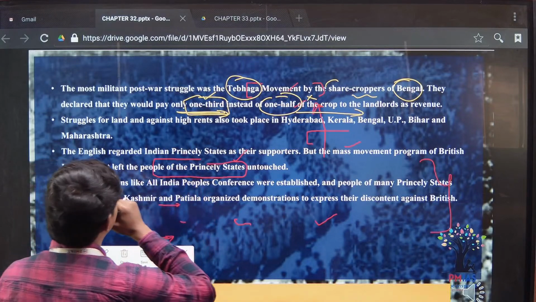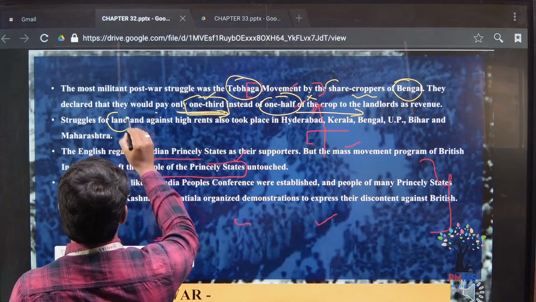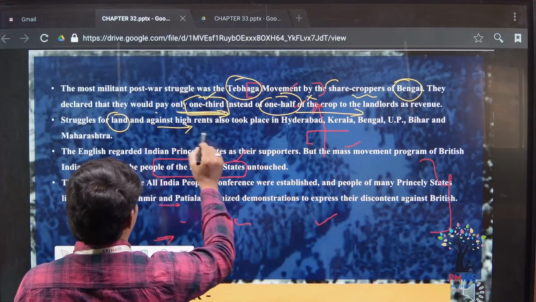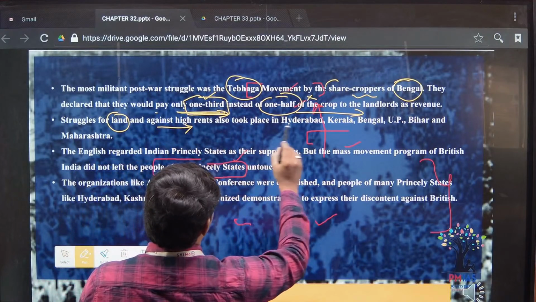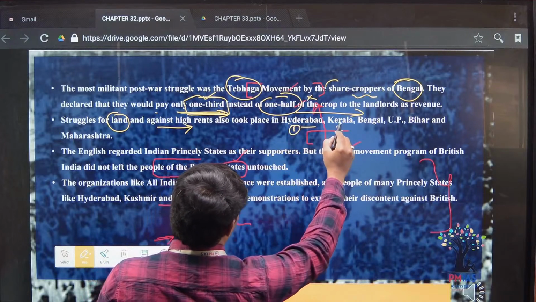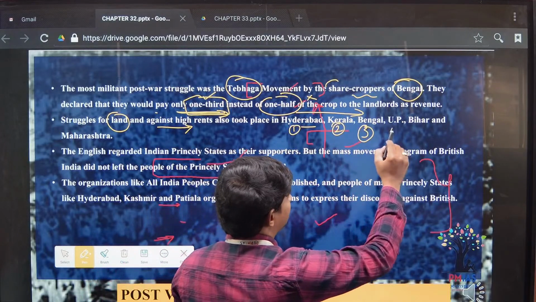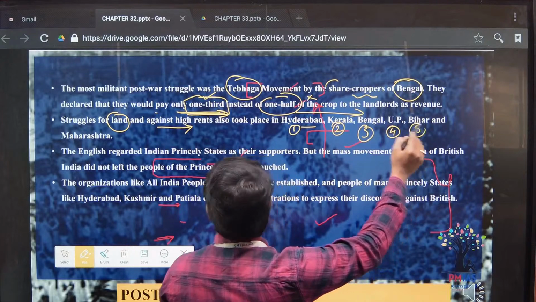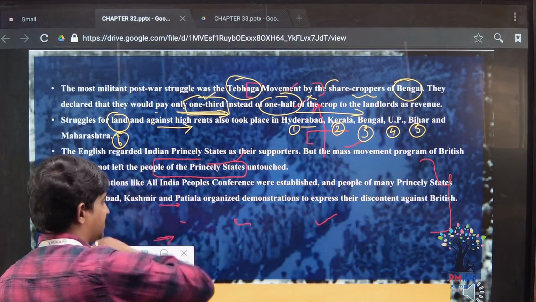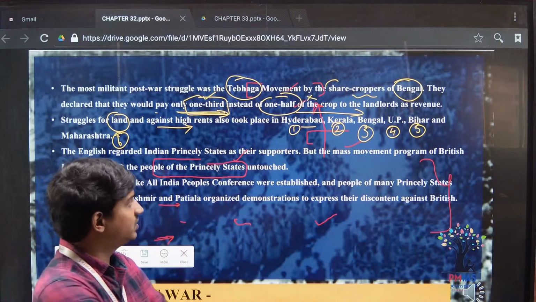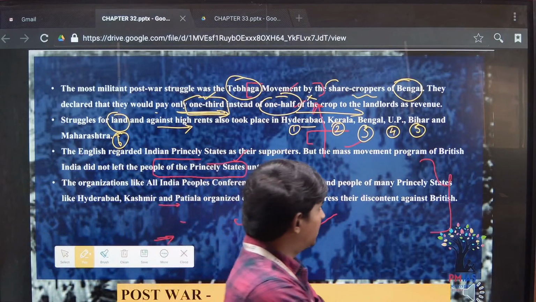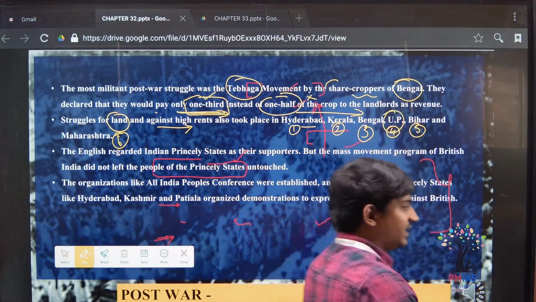And the next thing is the struggle for land as well as the struggle against high land rents. It took place in Hyderabad, Kerala, Bengal, UP, Bihar and finally Maharashtra. UP means the United Provinces.